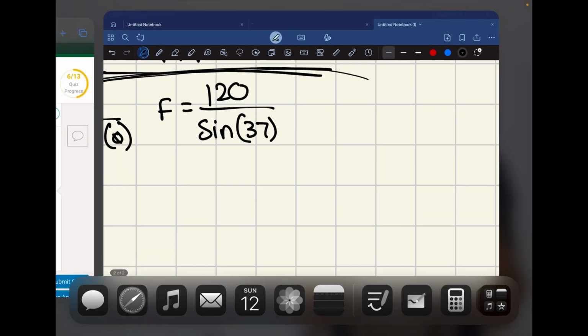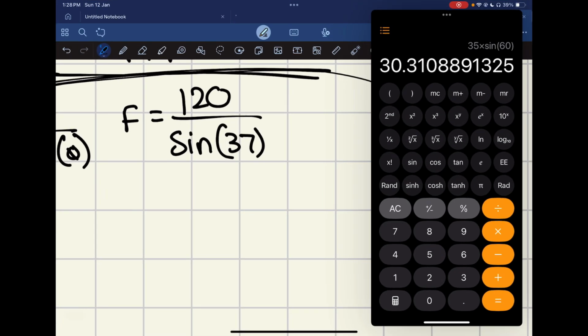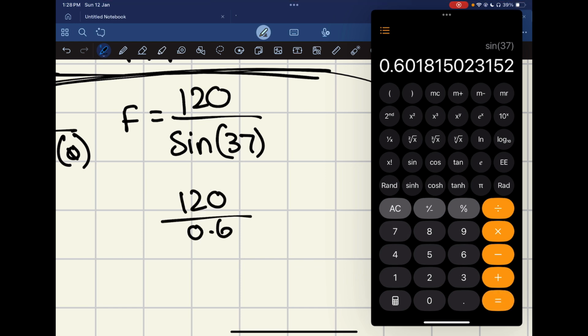Okay, so now we get it on the calculator. First you do sine of 37, you're going to get 0.6, so 120 over 0.6. You're going to get 200.